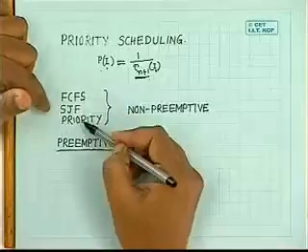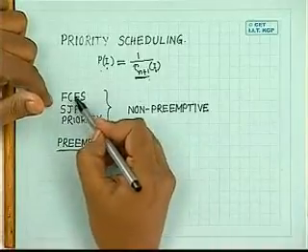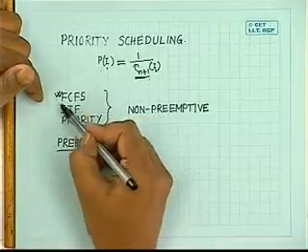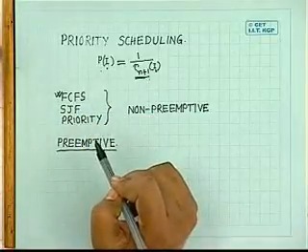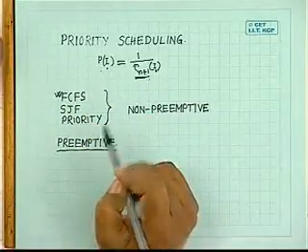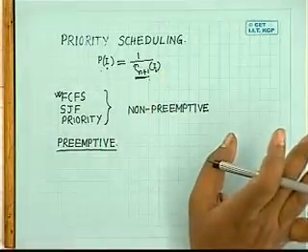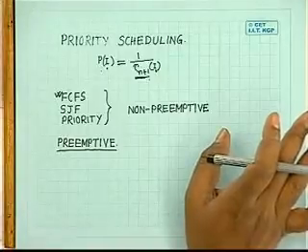Now, if you study these three, you find that out of these, first come first serve, as the name suggests, should not be preemptive, because here I don't have any other priority or anything. The priority is time of arrival. That means the job which has arrived first, that has to be executed first. The job which has arrived next, that has to be executed next.